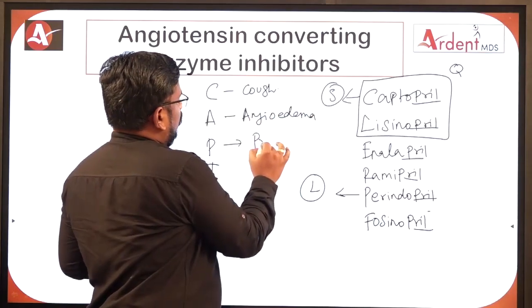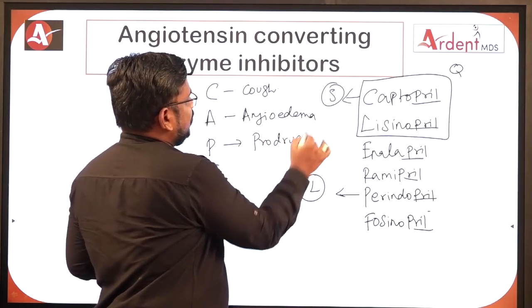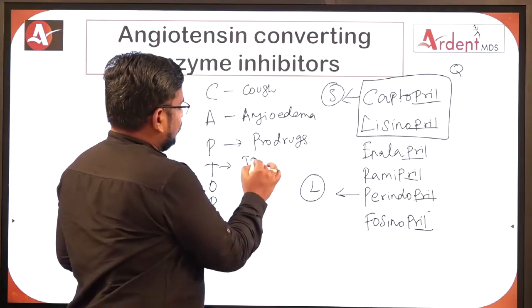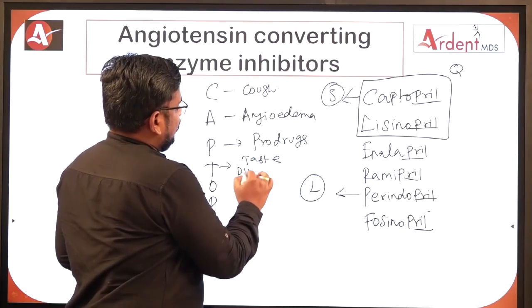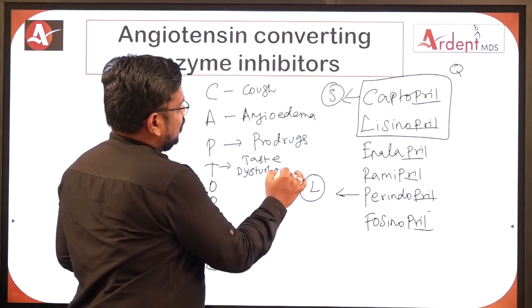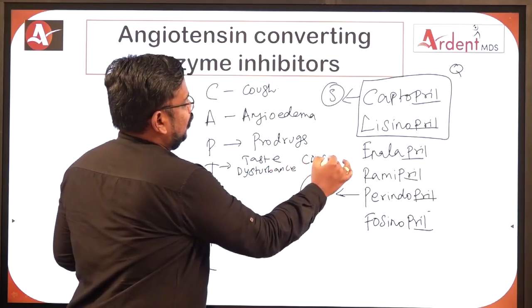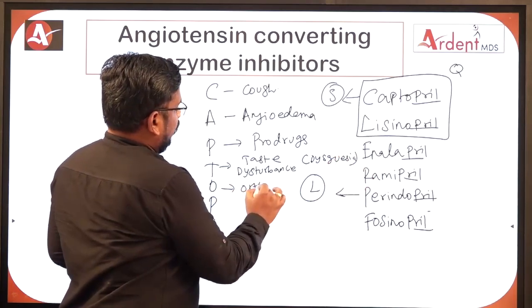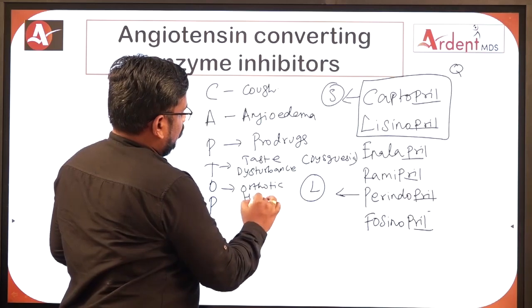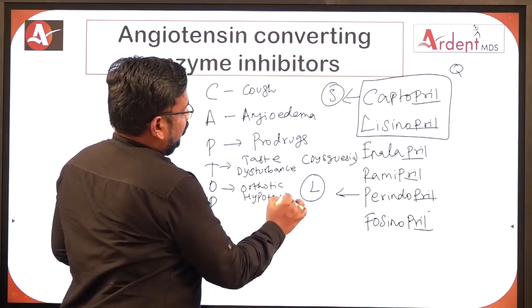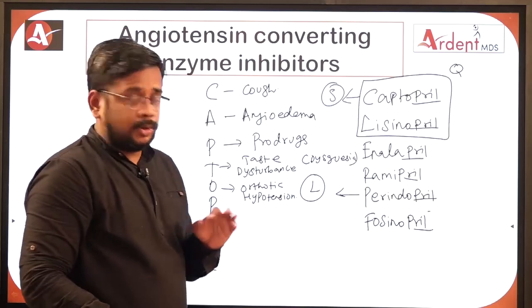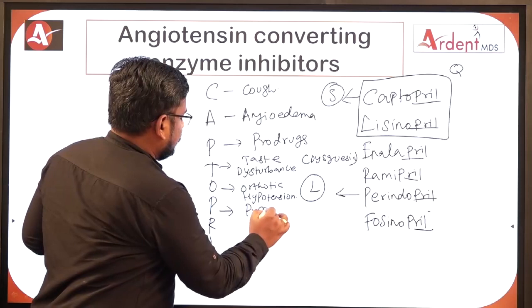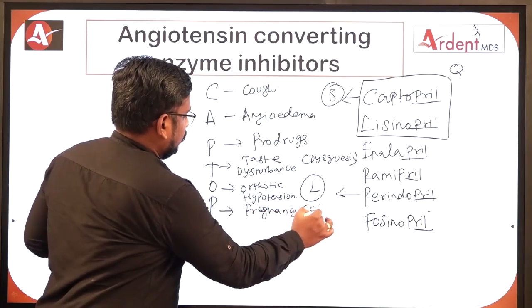P for prodrugs: all the ACE inhibitors are prodrugs except captopril and lisinopril. And T for taste disturbance, otherwise called dysgeusia. And O for orthostatic hypotension, especially when the ACE inhibitors are associated with diuretics. P for pregnancy, it is contraindicated in pregnancy.